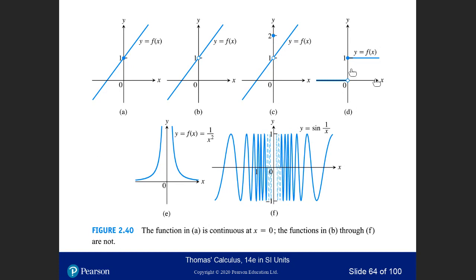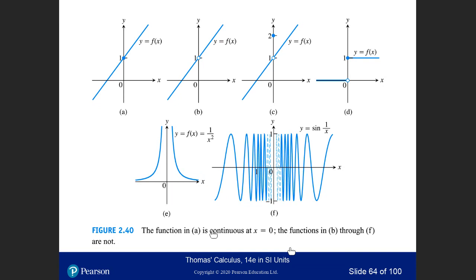So there's a jump discontinuity here, and that's the basic difference. So in these types here, there's a removable discontinuity. I can put 1 here instead, and this function will be continuous throughout its domain.